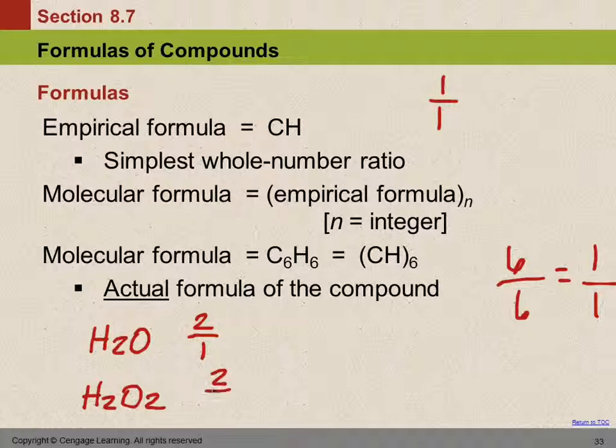That has a ratio of 2 to 2, which can be reduced to 1 to 1. And so the empirical formula for hydrogen peroxide is HO. So sometimes the empirical formula and the molecular formula are the same. And sometimes the molecular formula is just a multiple of the empirical formula.